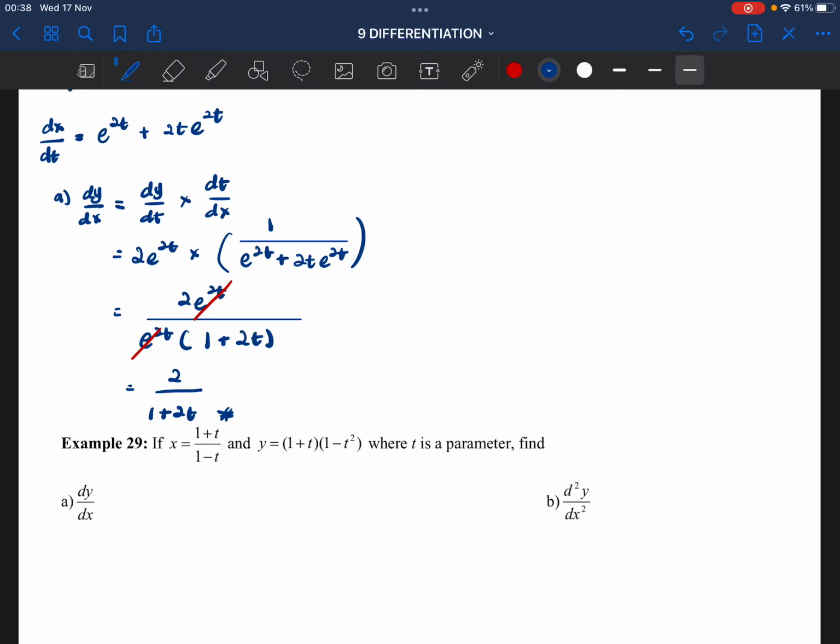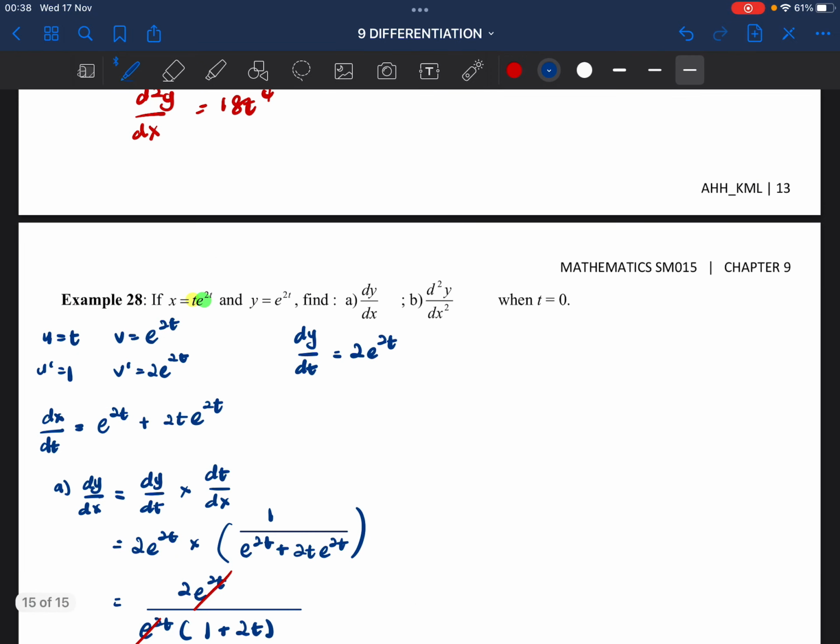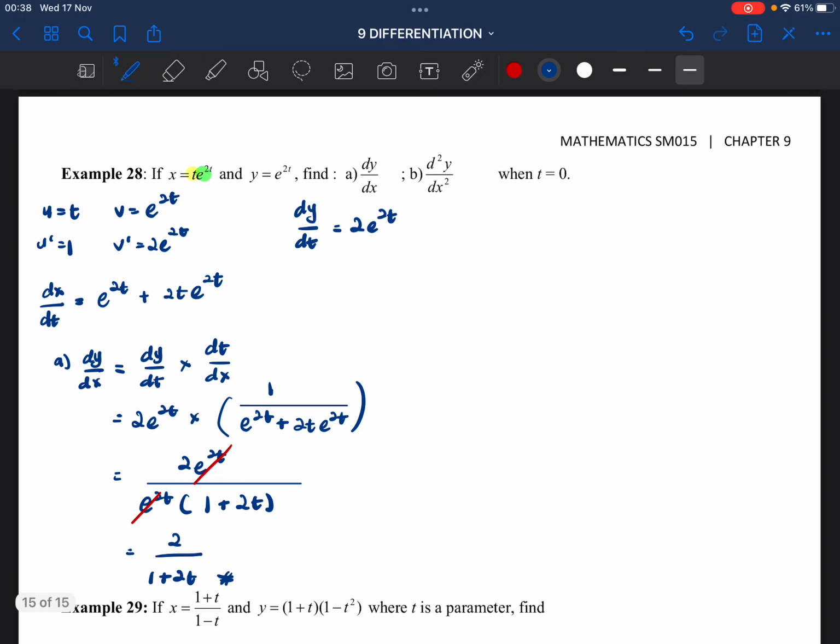Okay, so now we are going to find our second derivative, by using the formula. Here we have the formula for the second derivative: differentiate your dy over dx with respect to t, over dx over dt. So d over dt. What is our dy over dx?